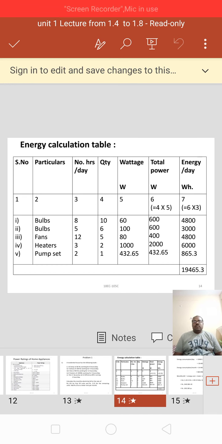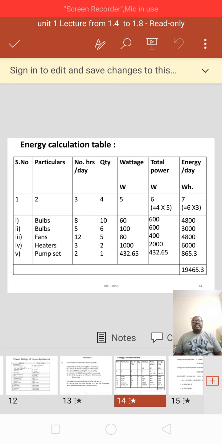Okay, next to that we are taking fans. Number of hours per day the fans will rotate is 12. Quantity of fans is 5. Power rating of a fan is 80.